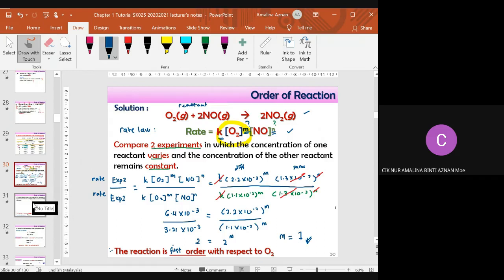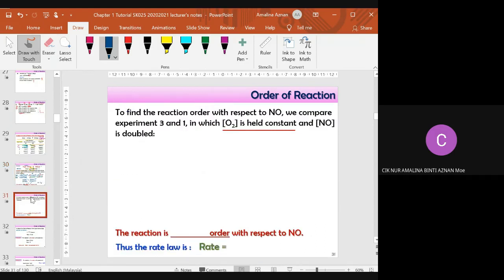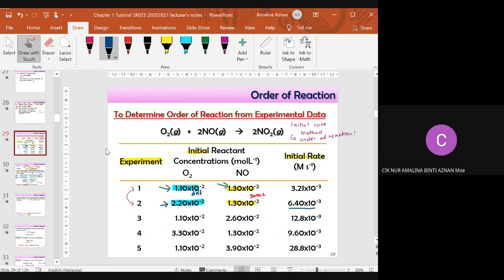Okay, so sama juga dengan yang seterusnya. Tadi kita dah cari with respect to O2, sekarang kita nak cari with respect to NO, nitrogen monoxide.